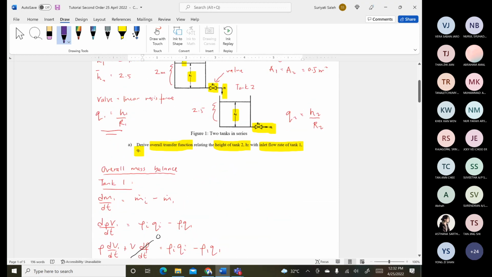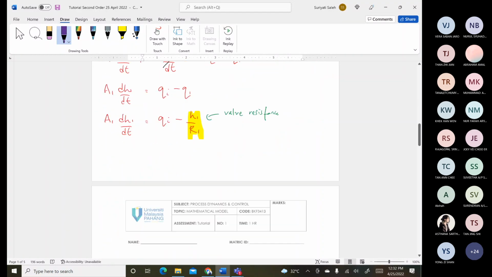So this is our equation. Derive the overall transfer function relating the height of tank 2, H2, and Qi.